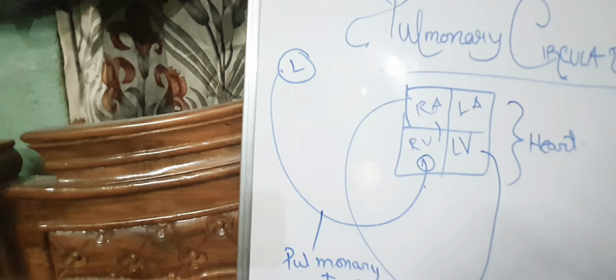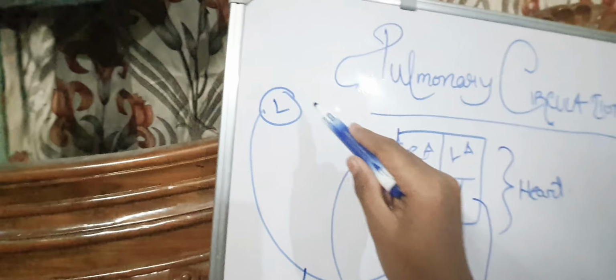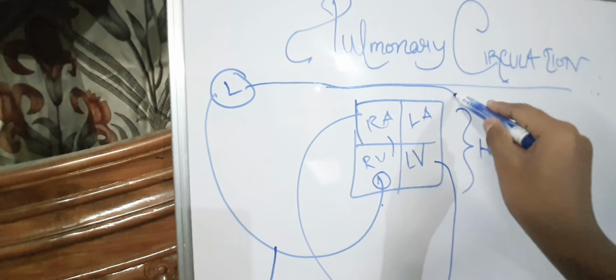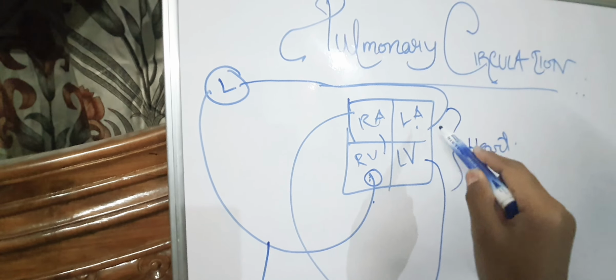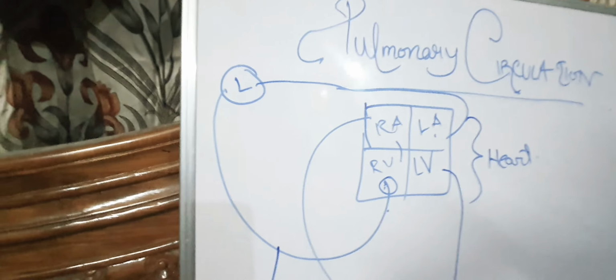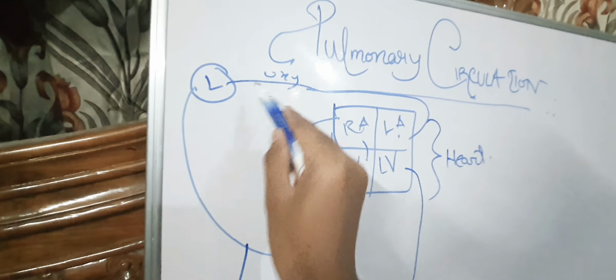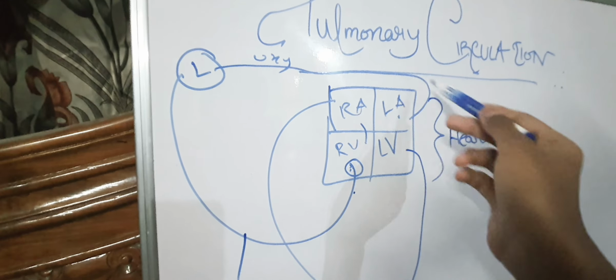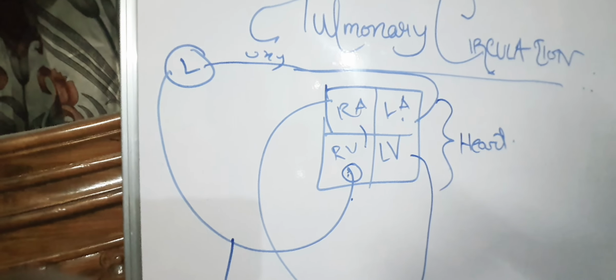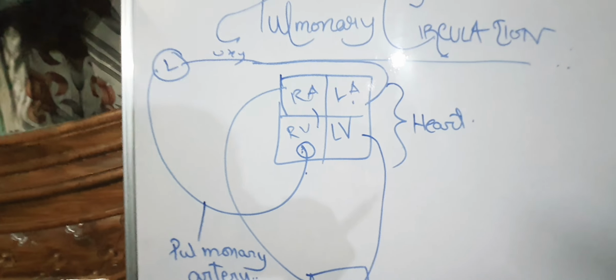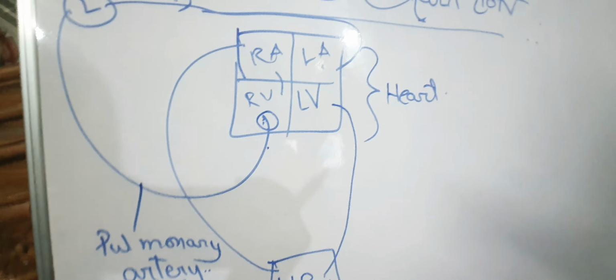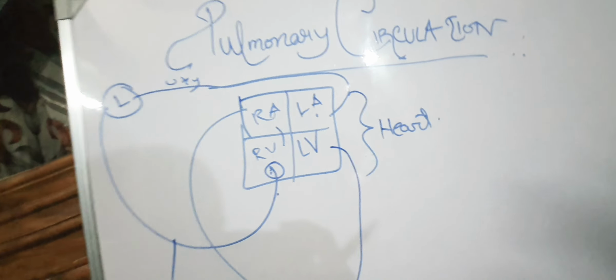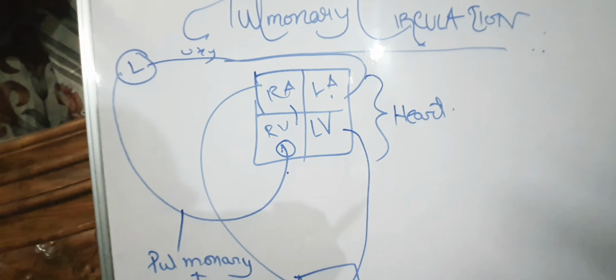Understood? And after oxygenation, the lungs send the oxygenated blood to the what? Left atria. So then it is carrying oxygenated blood but taking blood to the heart. What is this? It should be a vein, because we know the simple logic that veins carry blood to the heart and arteries carry blood away from the heart.